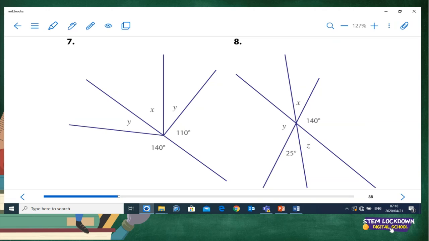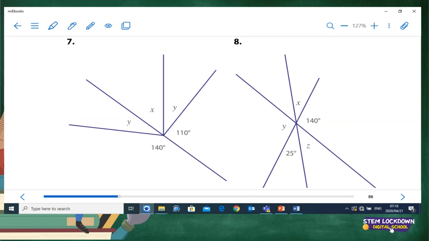And of course, if you add 140 and 25, this should give you 165 degrees. And if you subtract 165 degrees from 180 degrees, you'll be left with 15 degrees. Therefore, the value of z will be 15 degrees.